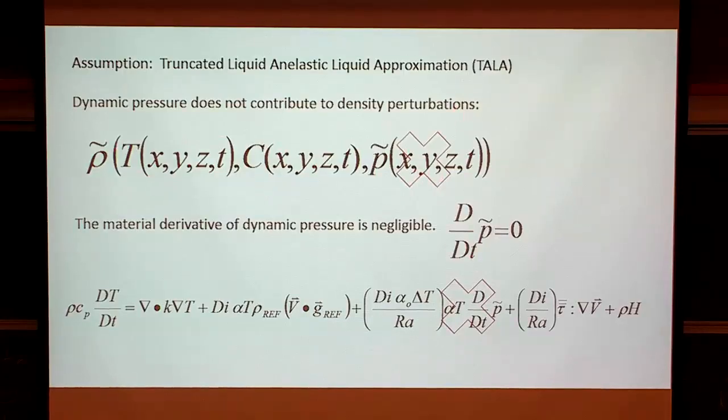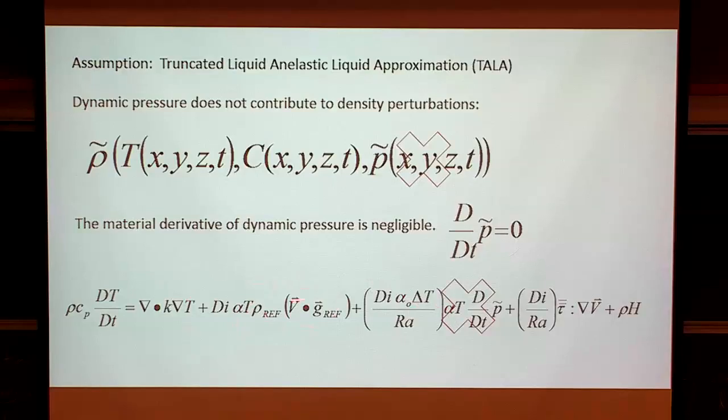So we neglect that. Also, from the energy equation, this approximation says the material derivative of this dynamic pressure is negligible compared to everything else. So then this term can be thrown away. These are both adiabatic terms.